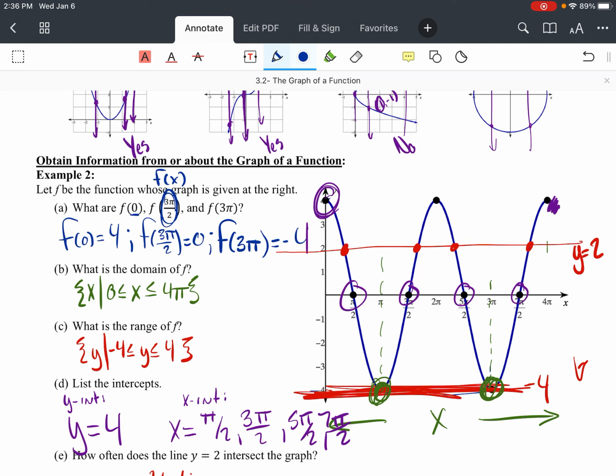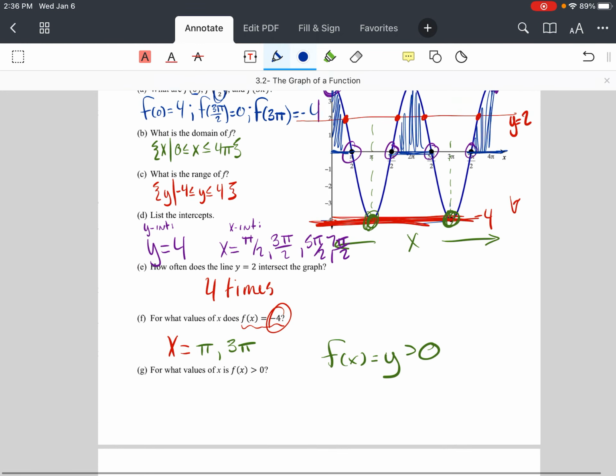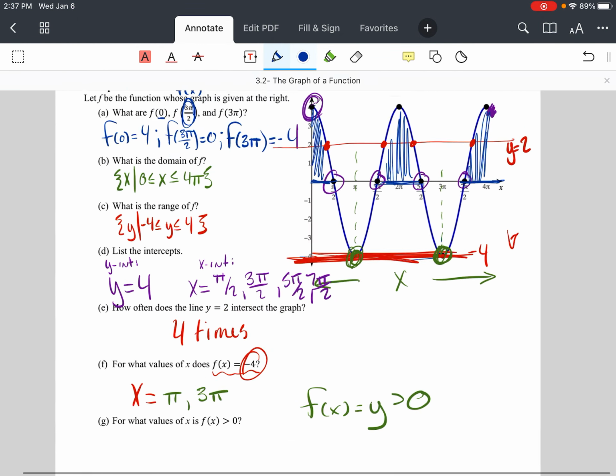Notice that the places where it's greater than 0 is where it's above the x-axis. So it's greater than 0 here, here, and here. Okay, so we're going to go ahead and write those intervals. And that's what we're asking for here.